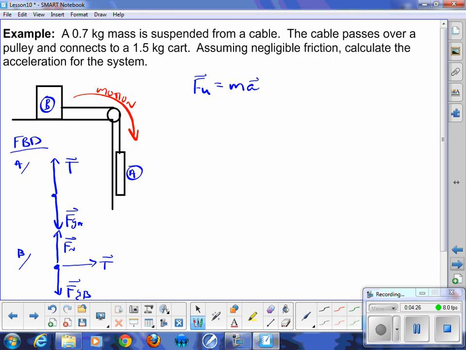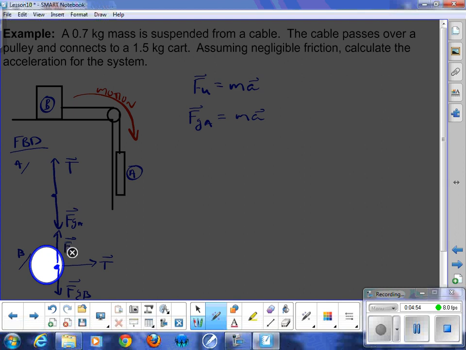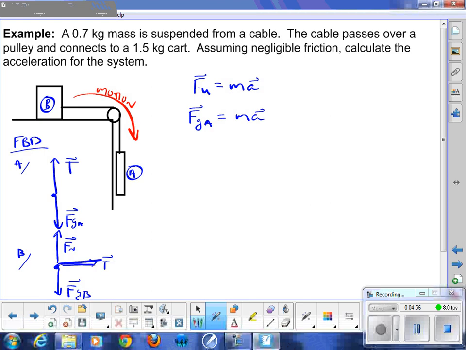When we see that there's no friction, it's simply going to be the weight of object A. So our unbalanced force, FGA, equals mass times acceleration. And you see that because if you look at object B in the free body diagram, there's nothing opposing motion. So the entire force being applied comes from the force due to gravity. So that's kind of your driving force.